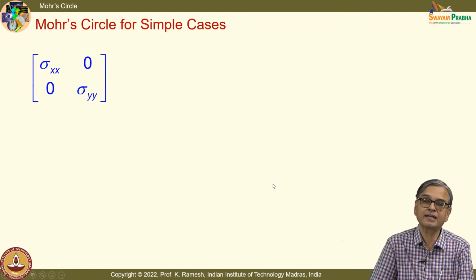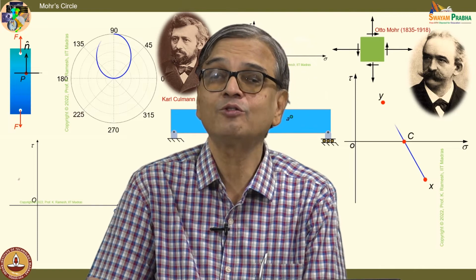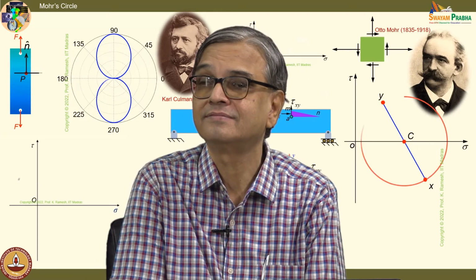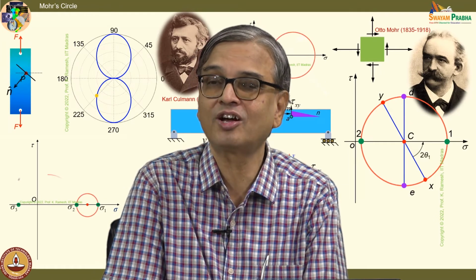I have sigma xx and sigma yy such that the magnitudes of sigma xx and sigma yy are identical. What do you expect the circle to be? Please try. Are you getting a circle?